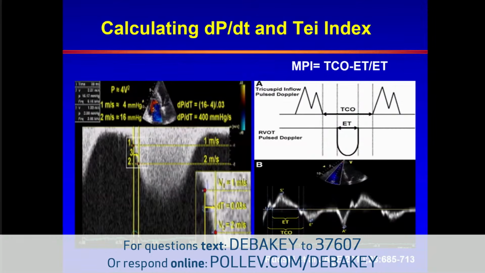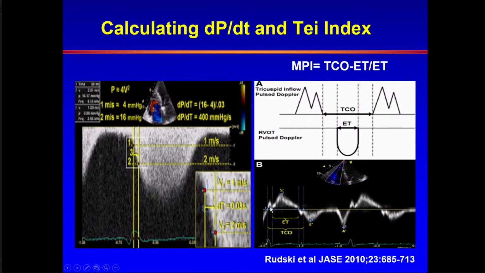If you want to use one cardiac cycle, but now rely on tissue Doppler signals of the tricuspid annulus, you can add the isovolumic contraction time here and isovolumic relaxation time here and divide by the ejection time. For tissue Doppler, a value more than 0.54 is considered abnormal. The utility of this index is its, you can say, simplicity.